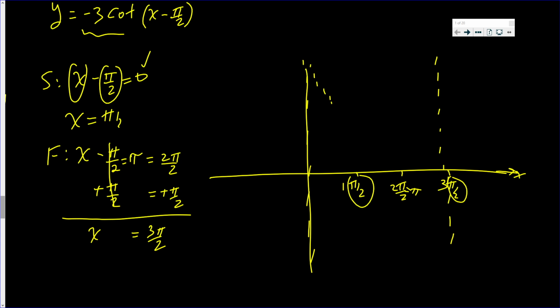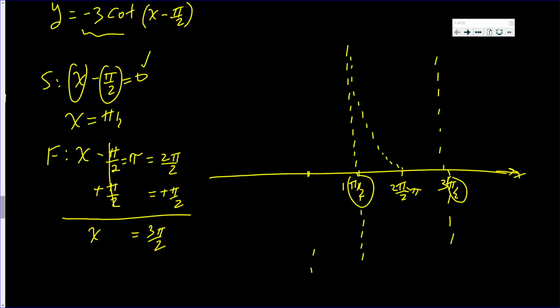Oops. I apologize. For right now, that's nothing. So here is where I start. And the cosine x graph, or the cosine of x minus pi over 2, looks like that.